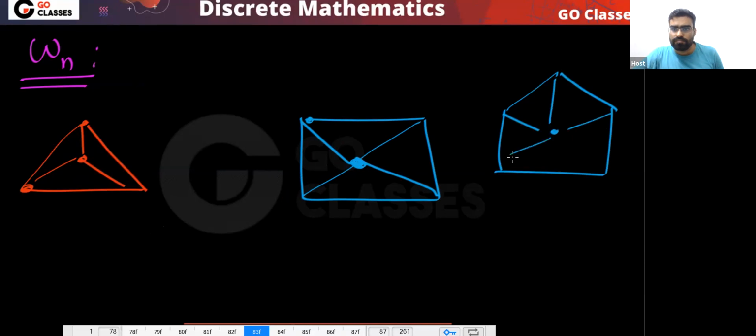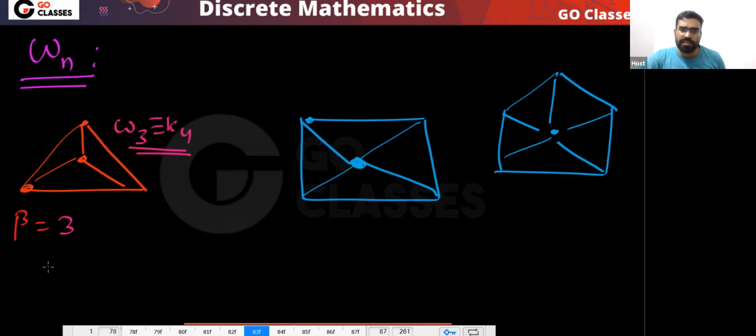So tell me, what is beta here? Remember, this is your K4 actually. So you need three vertices. This is your W3, and this is same as K4.